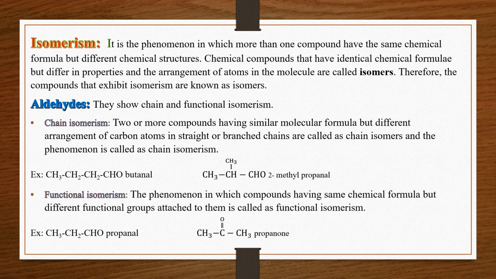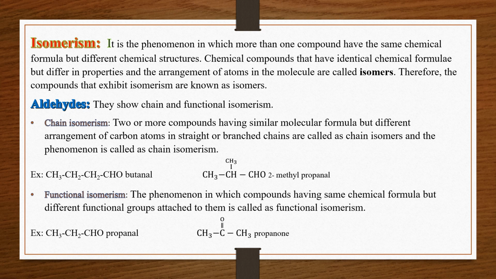What is isomerism? Before going into details, let me tell you what isomerism is. Do you remember? You have learned isomerism, the types of isomerism, and also many examples under isomerism in your intermediate level. Once again, I want to recollect the definition of isomerism.